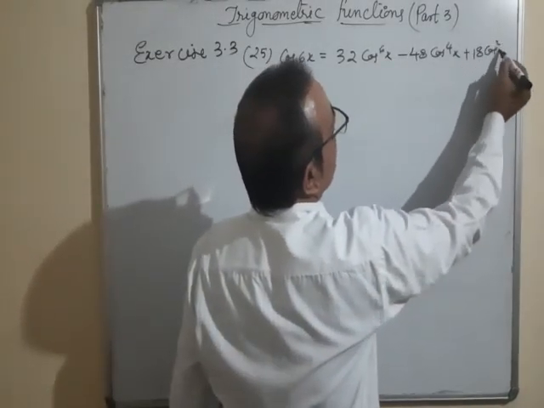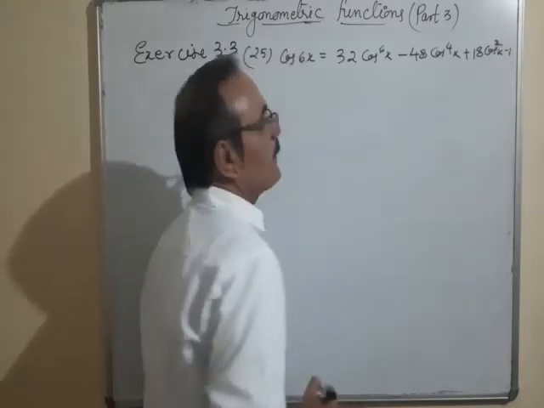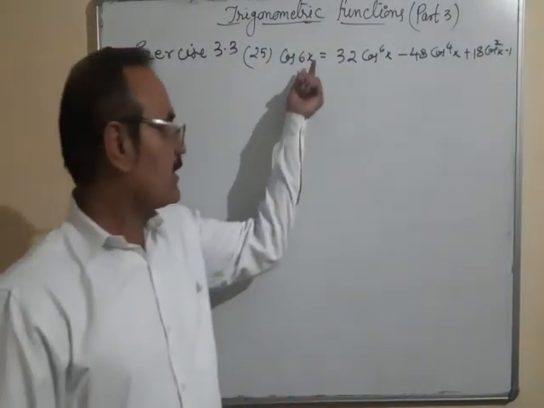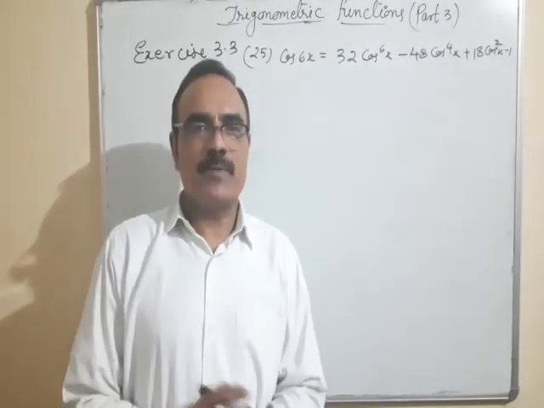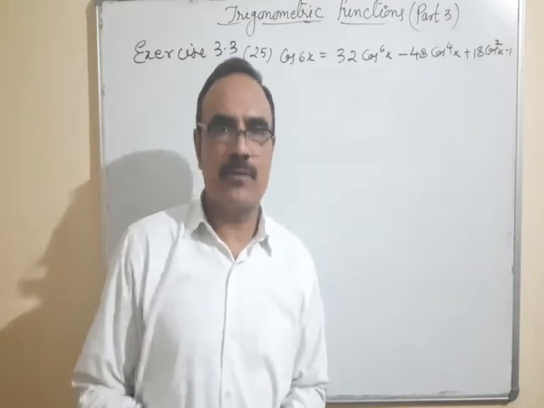Here also it is the same thing: there is a 6x and other terms in the form of cos x only. So after simplification we will convert everything in the form of cos x.